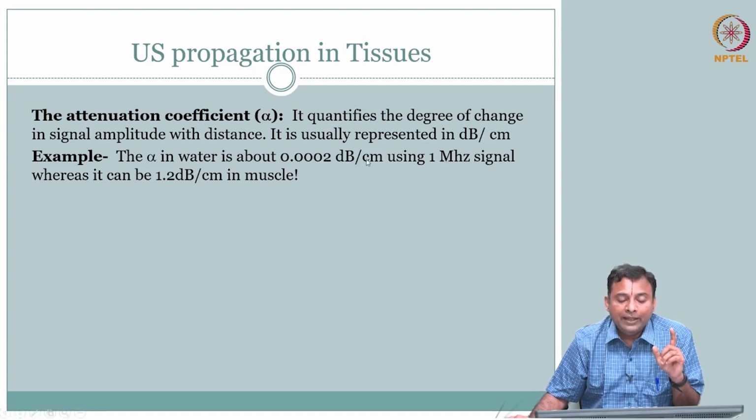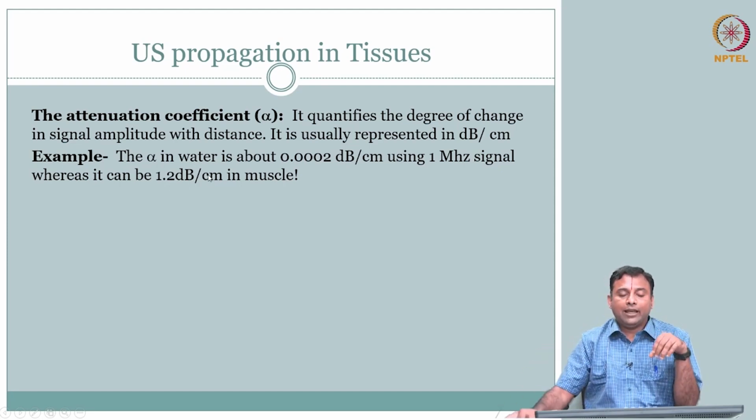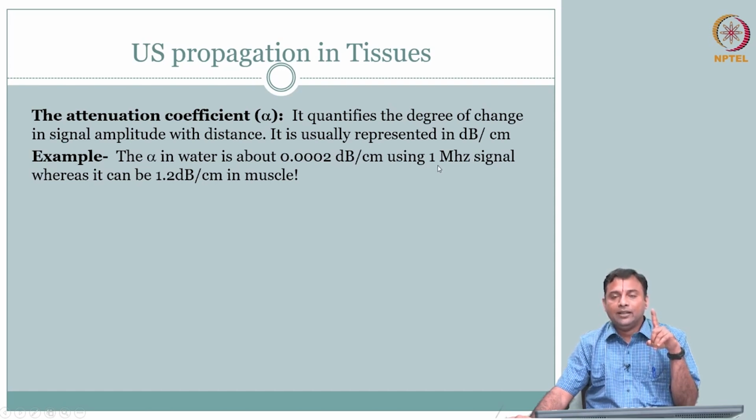Okay. So in a material, for example water, it is very less, 0.0002 dB per centimeter, whereas if you go to muscle, it is 1.2 dB per centimeter. So now you see the challenge. Alpha is also reported per megahertz, using 1 megahertz. Okay.